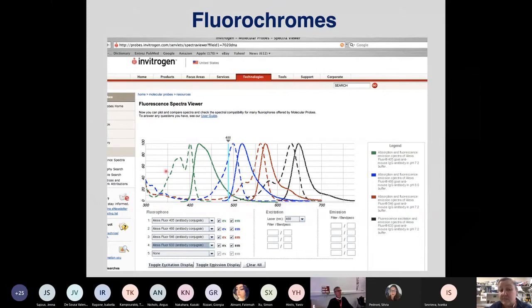And if these bumps overlap with the emission bump of some other fluorochrome you use, you may be having crosstalk between the fluorochromes, and again you may come to a misleading conclusion about colocalization and so on and so forth. So always check out your fluorochromes, check when you're using something new. Occasionally, there may be a hillock far down the line that they don't necessarily tell you about in the catalog.